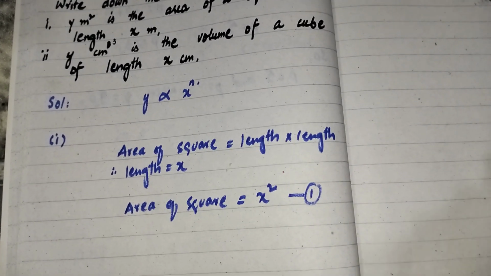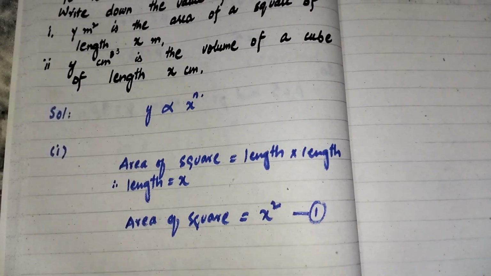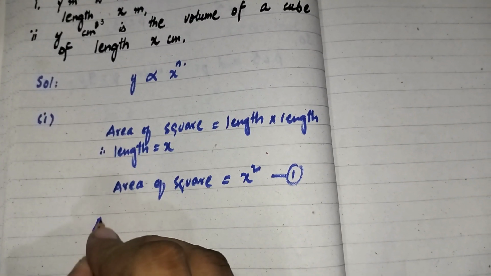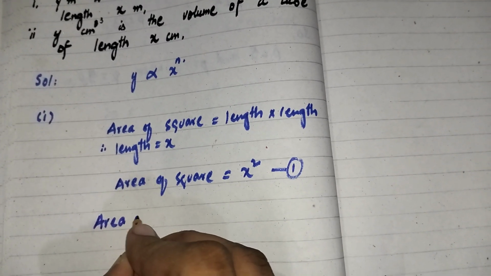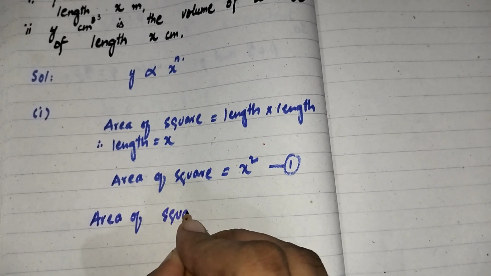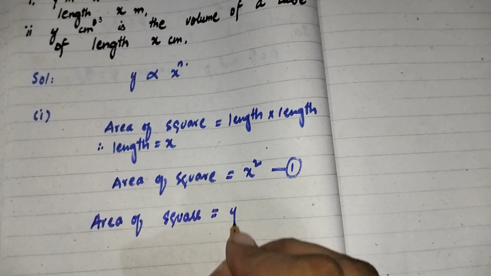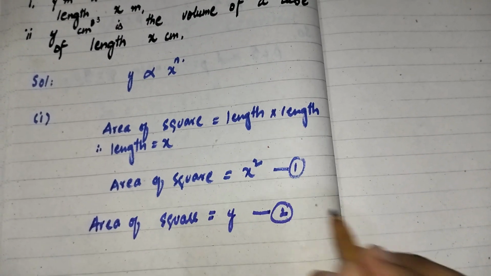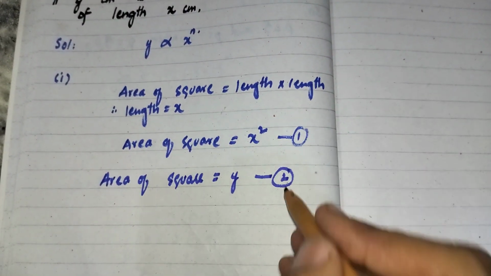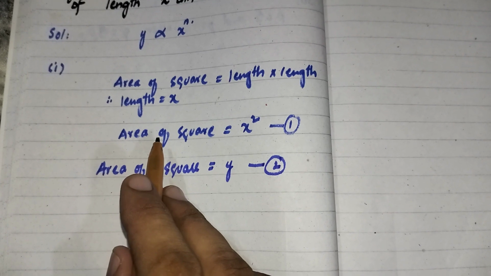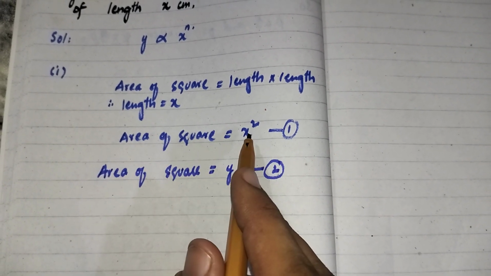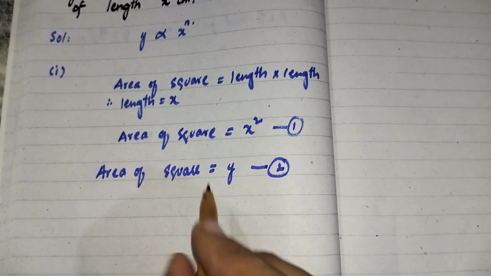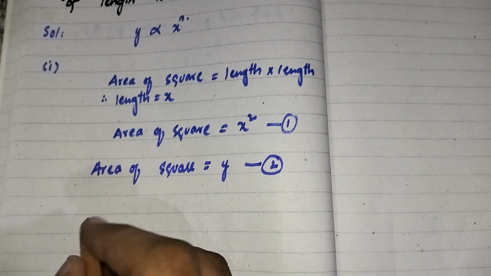According to the given information, the area of the square is y, with meter square as the unit. So we have two equations, 1 and 2, in which one equation says the area of the square is x square and the other says the area of the square is y. Both values are the area of the square.